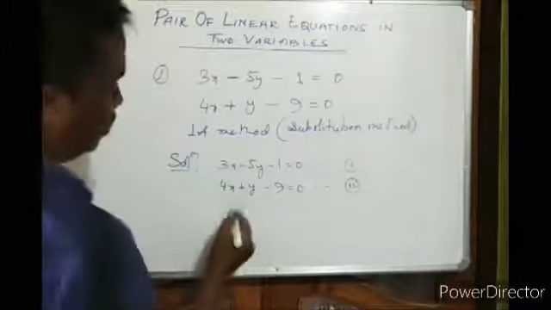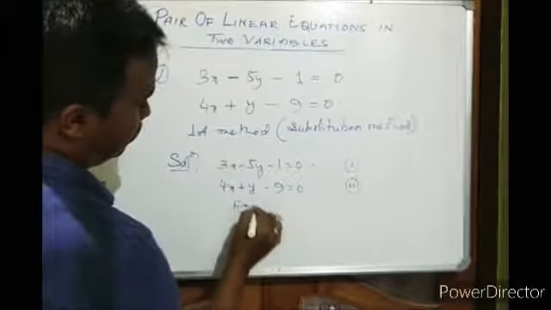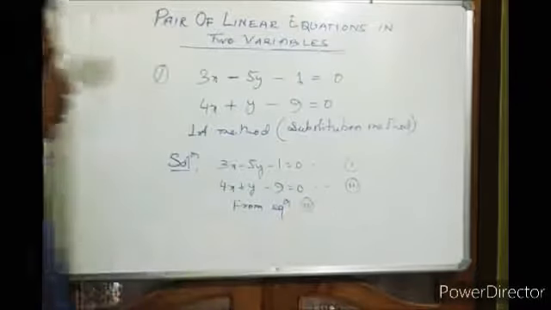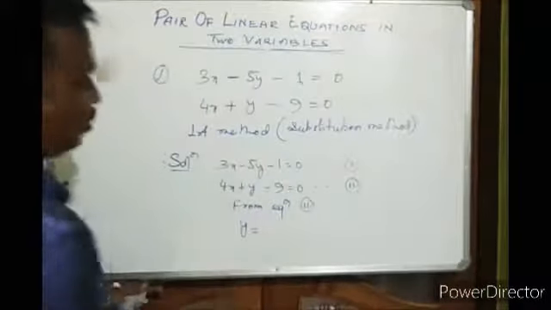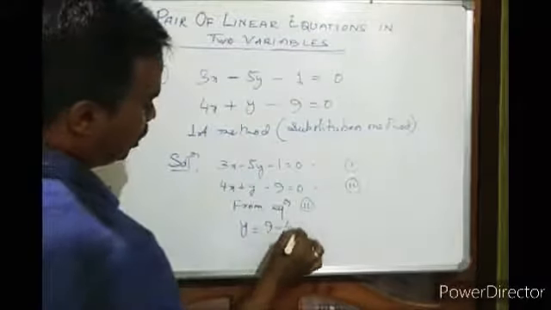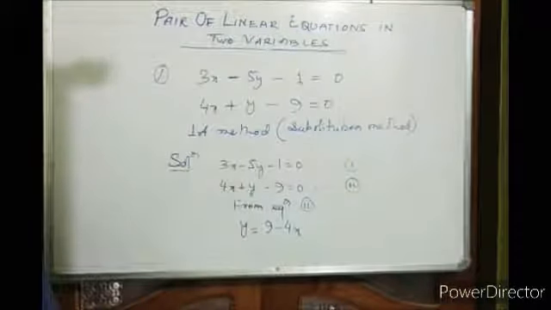From equation 2, y is equal to 9 minus 4x.